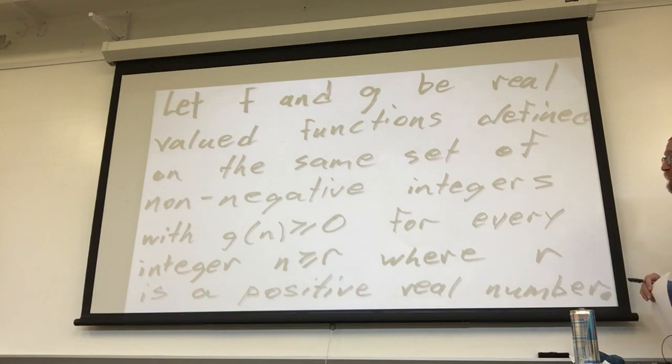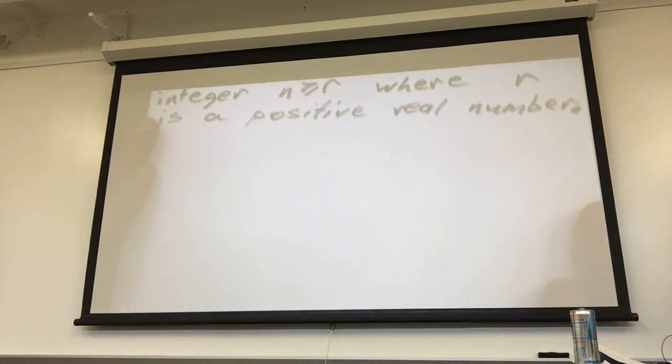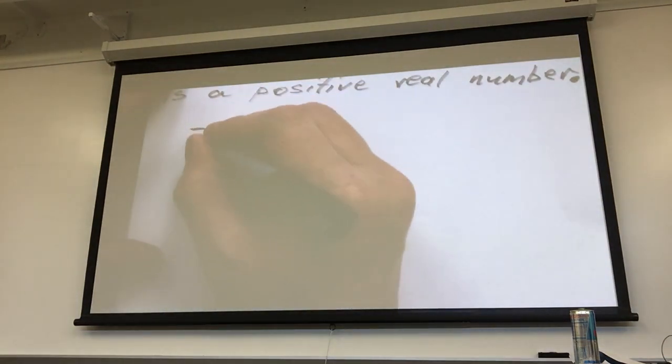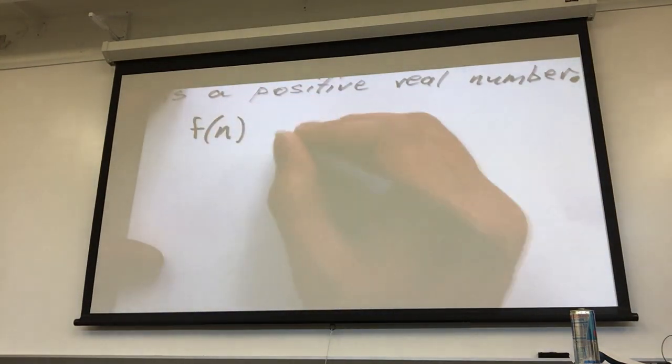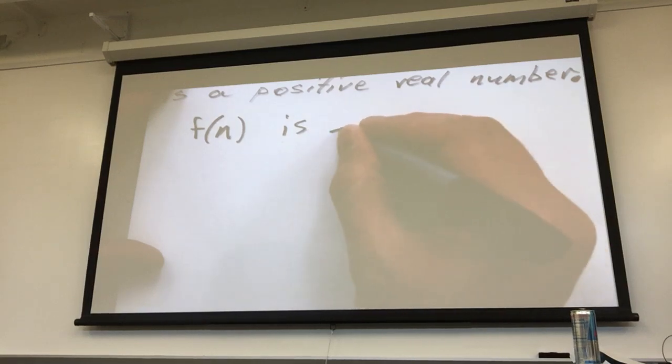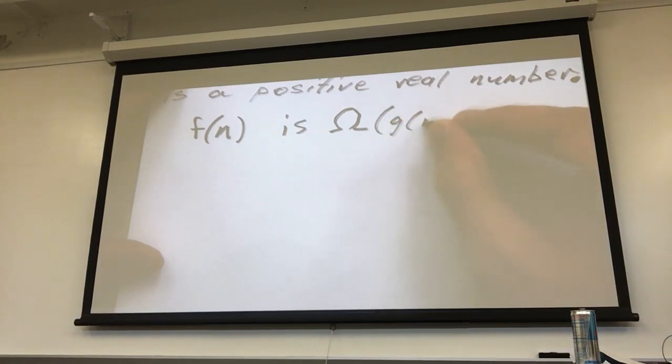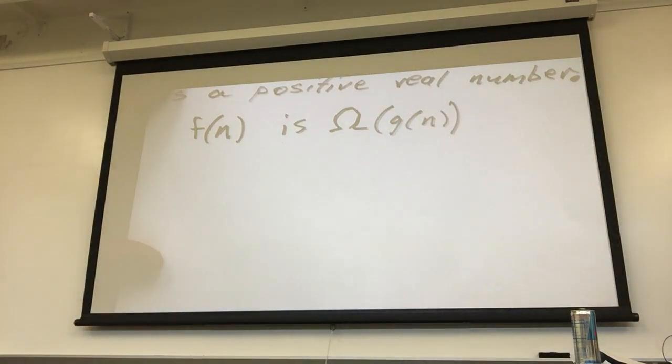So what are we going to do with f? F is going to have a relationship with g of n. We have f and g, which are positive real functions. We can say f of n is omega of g of n.